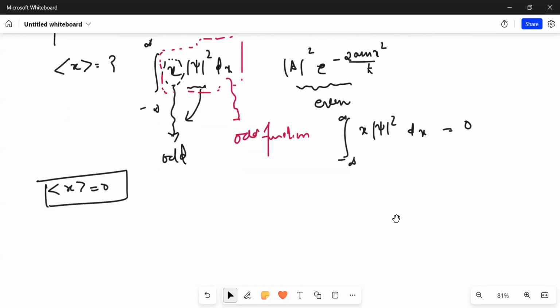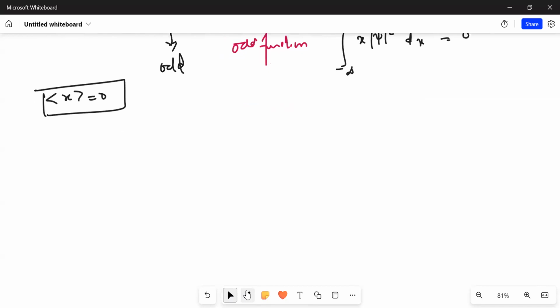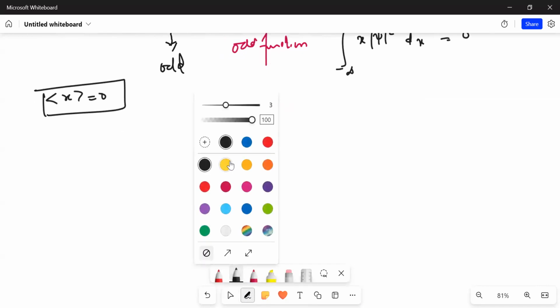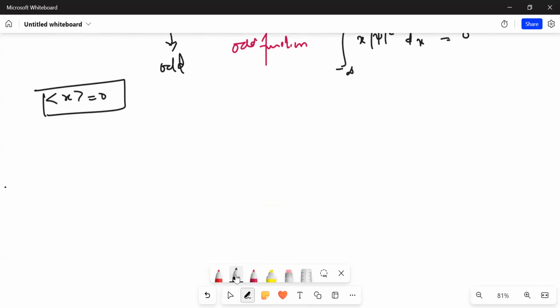Now, if we want to evaluate a few more things, and those are these, we want to evaluate the expectation value of x square. I think you would need an integral. So I'll supply you an integral at first and then try to do this.